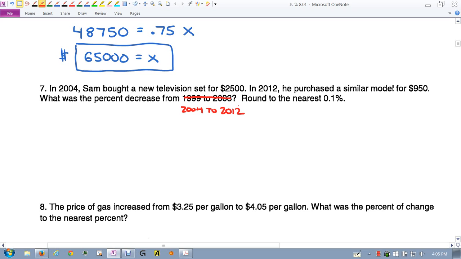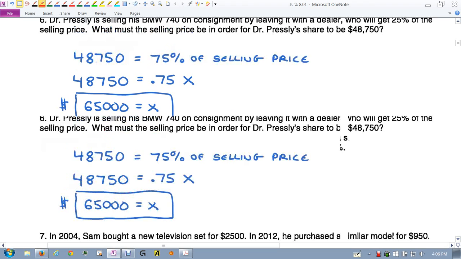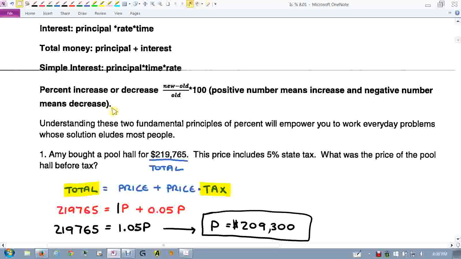So what's the formula? New minus old over old. So what's the new price? $950. What's the old price? Over old price, right? New minus old over old. Where is it?